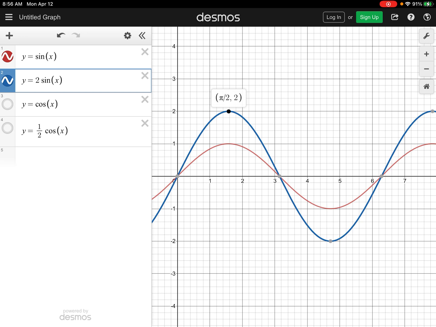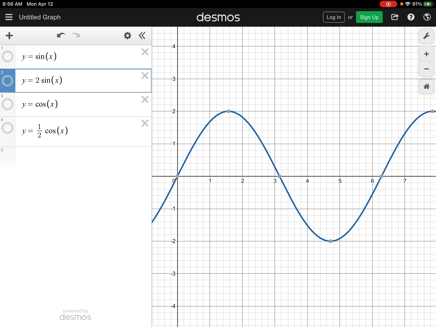So what I would do is still have the same 5 x values, because those come from the unit circle, but instead of it being 0, 1, 0, -1, 0 as the corresponding y values, it gets increased by 2.